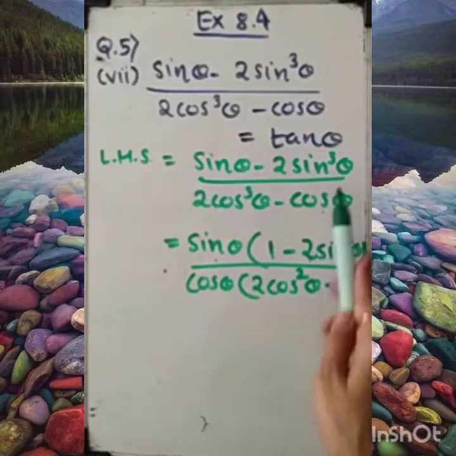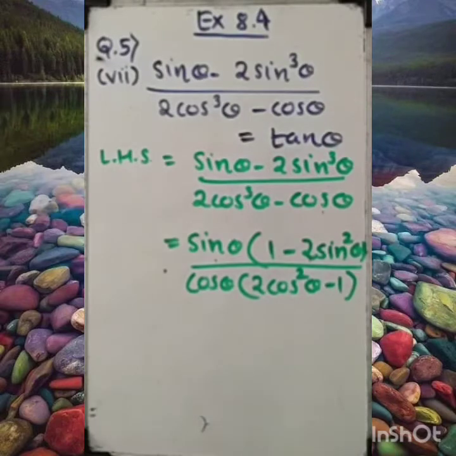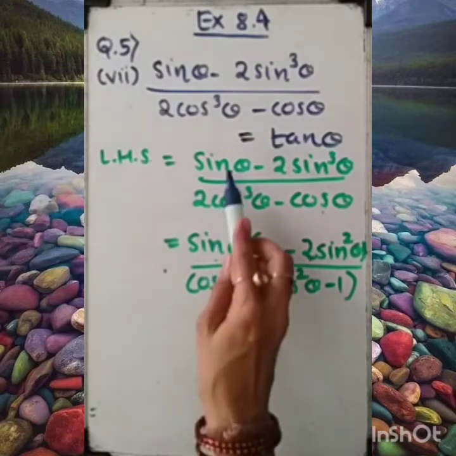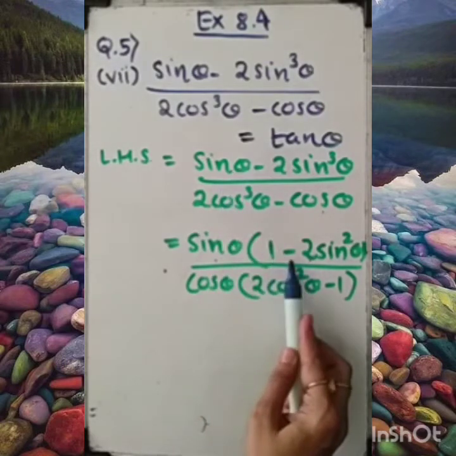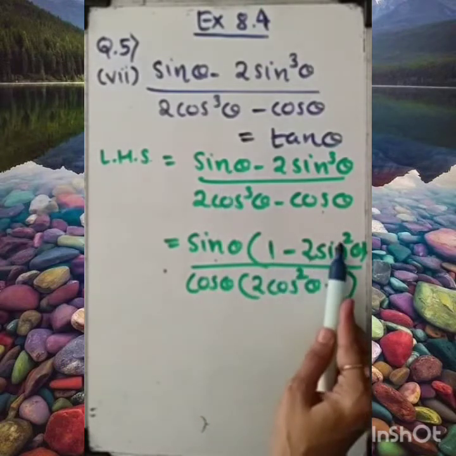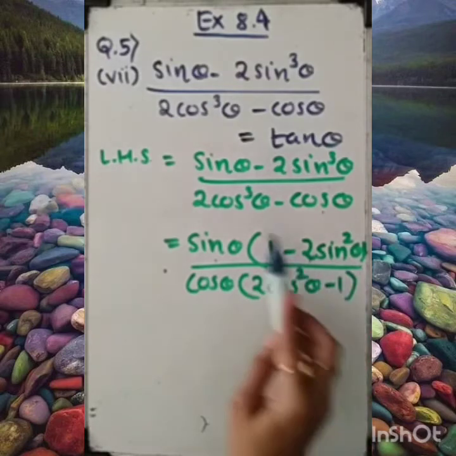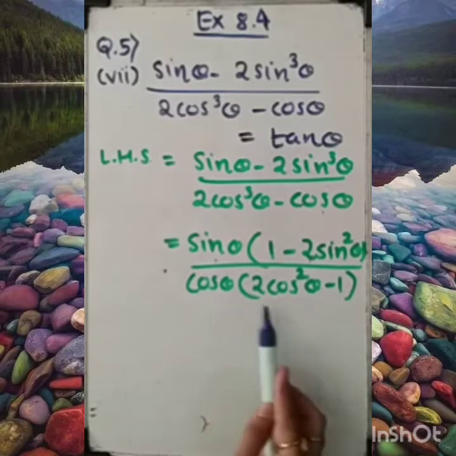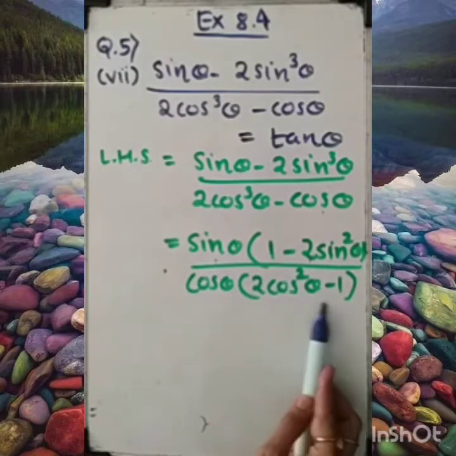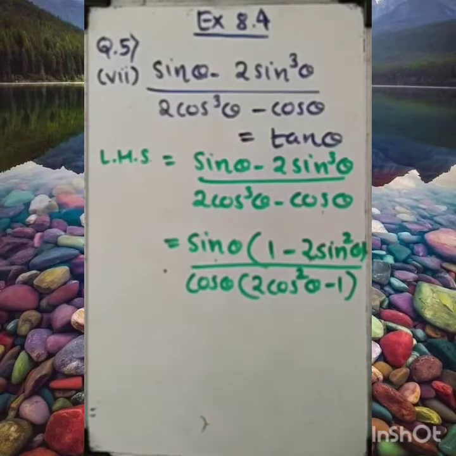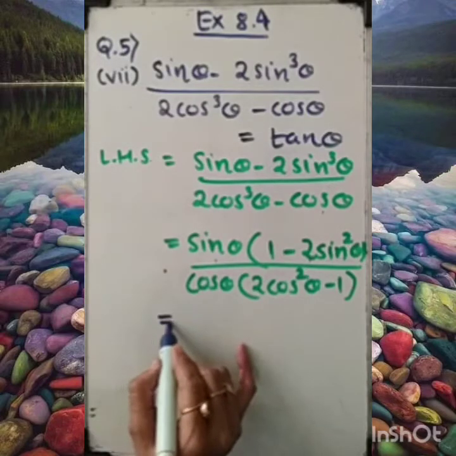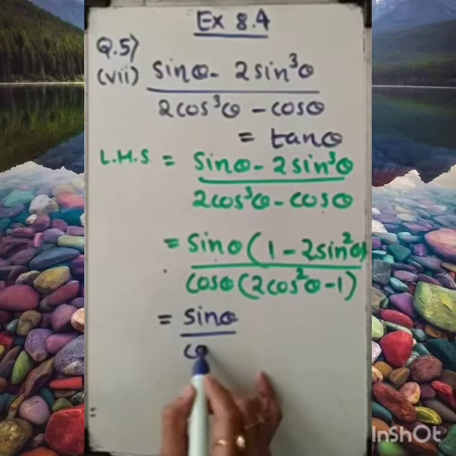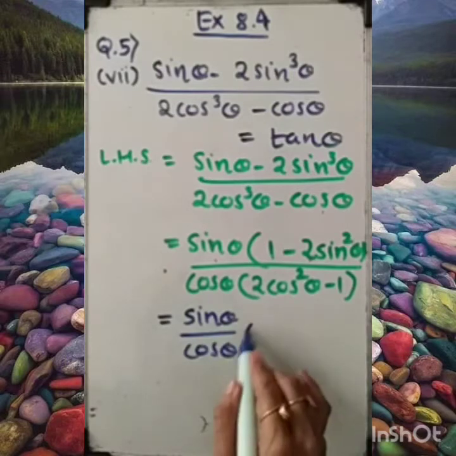Once again I am explaining, look at your screen dear. Here sin theta is common one time, so here 1 will be left, 1 minus 2 sin square theta. And of course from these two terms cos theta common, so 2 cos square theta minus 1 is there. Now next step, here you know very well sin theta upon cos theta, I am keeping it separate.